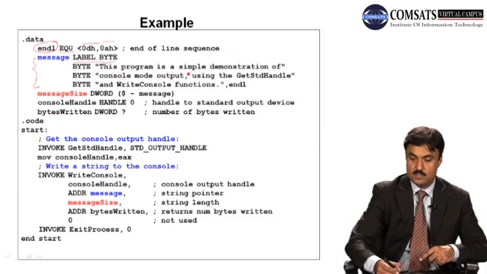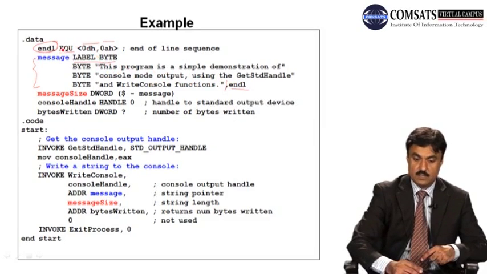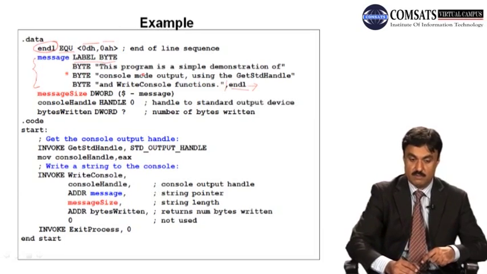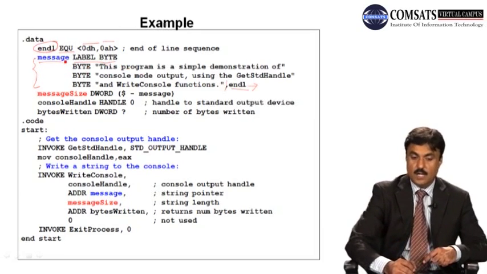This program is a simple demonstration of console mode output, and endL is also assigned at the end of the message string. After this we have the message size. Message size is a double word, and it gives you the complete message size in number of characters.